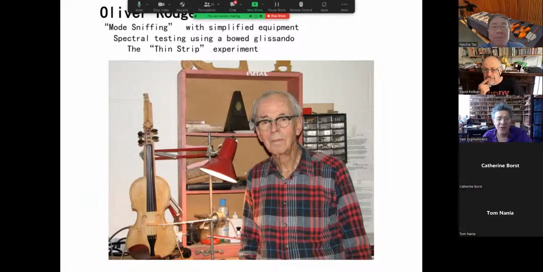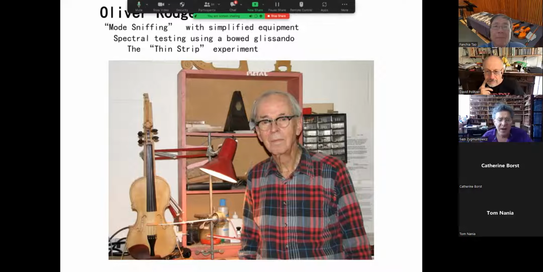There's a picture of him with his modal sniffing rig, which is basically a speaker without a cone that vibrates with a little stylus. It could be a plastic drinking straw that touches the bridge of the violin, and you could put a signal in with a signal generator and then use a tiny microphone with an oscilloscope and see where it was vibrating. These were very accessible tools that any violin maker could use.